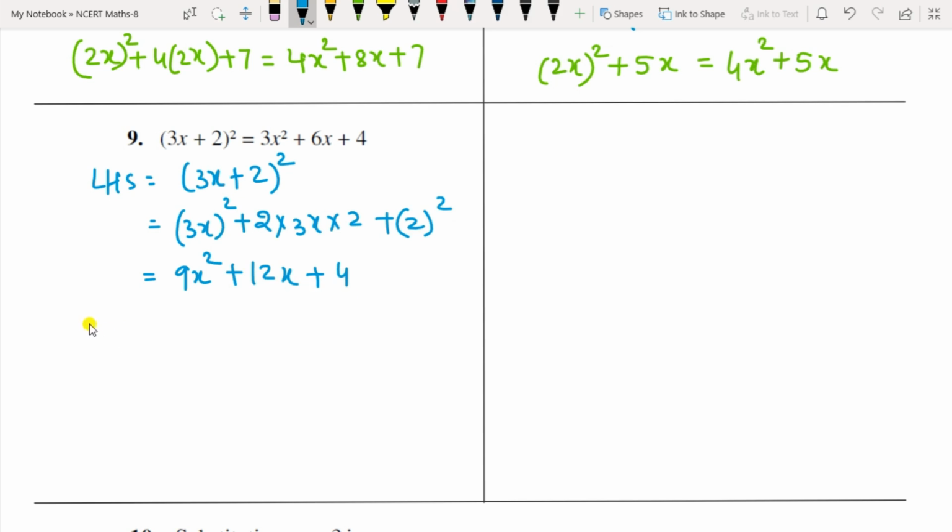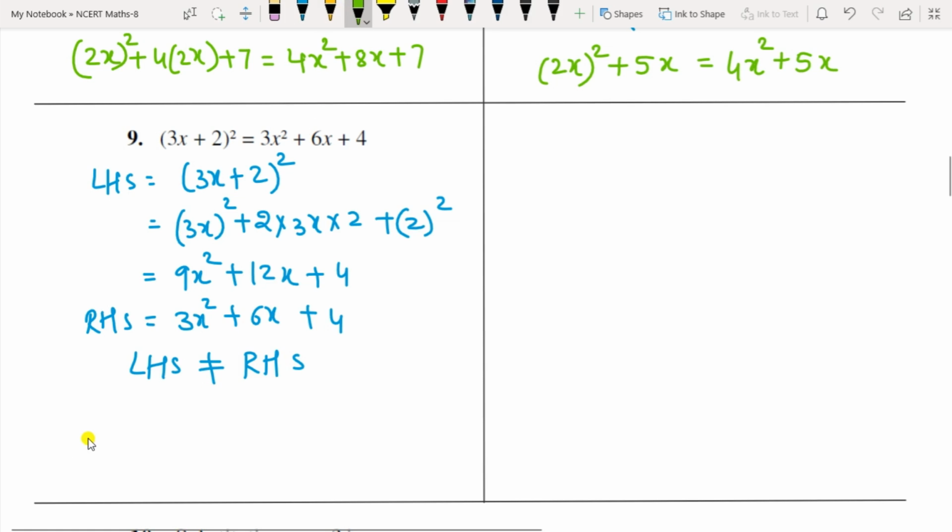But RHS is given as 3x square plus 6x plus 4, which is not equal. That is wrong. So LHS is not equal to RHS. So the correct mathematical statement should be (3x plus 2) whole square equal to 9x square plus 12x plus 4.